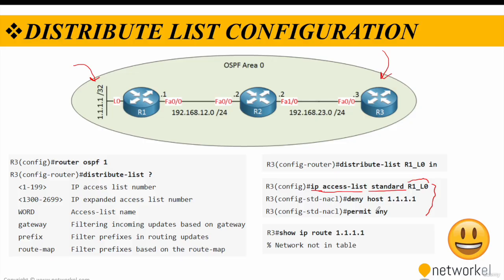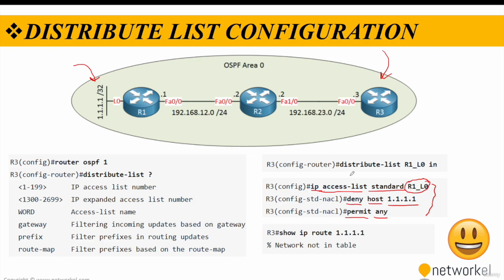This access list denies host 1.1.1.1, which is the loopback 0 interface of router 1, and it permits anything else. I am matching the IP address of the loopback 0 interface of router 1 using this access list.